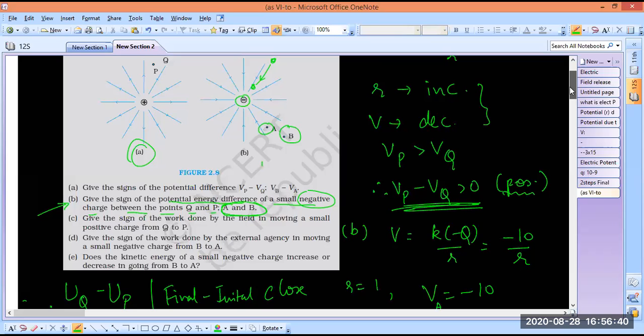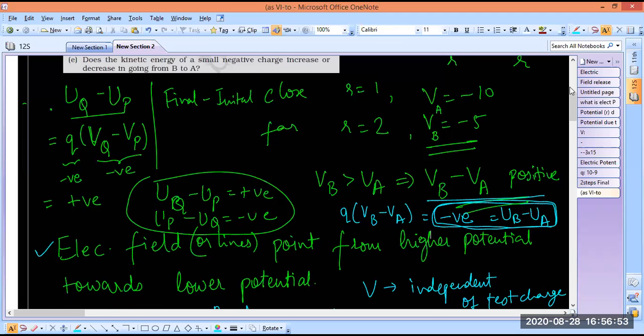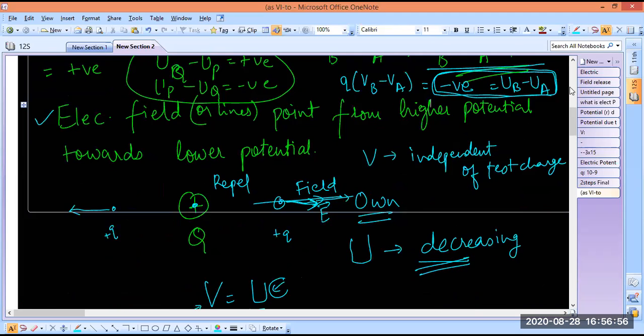So UB minus UA is negative, but UA minus UB is positive.